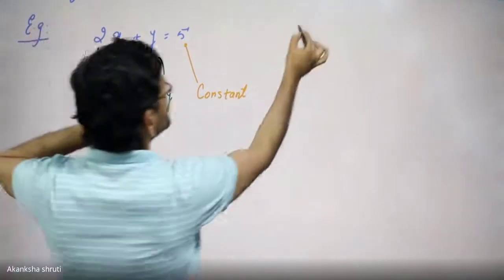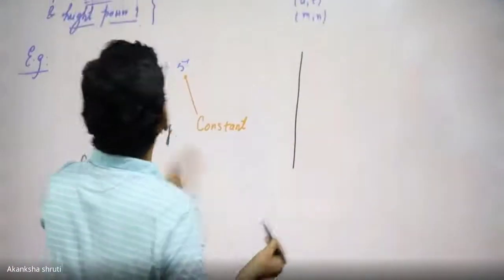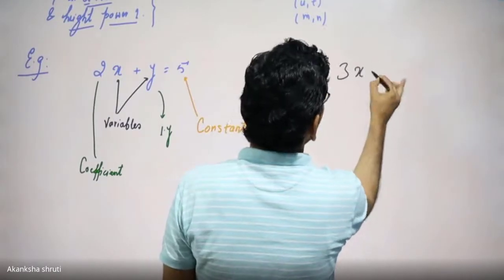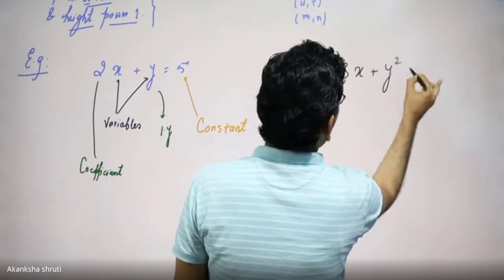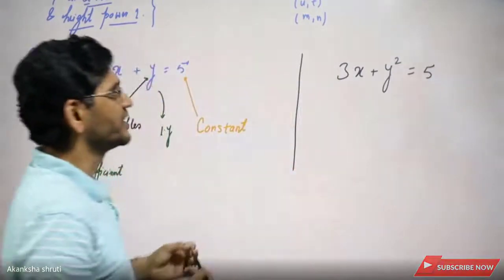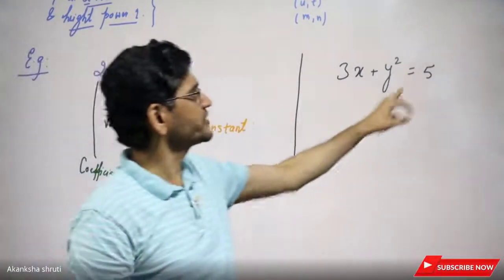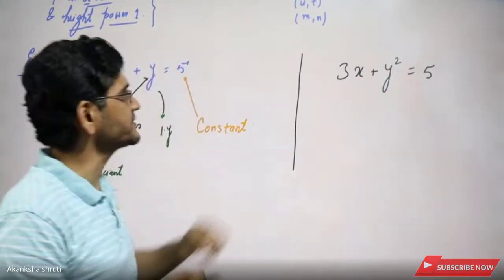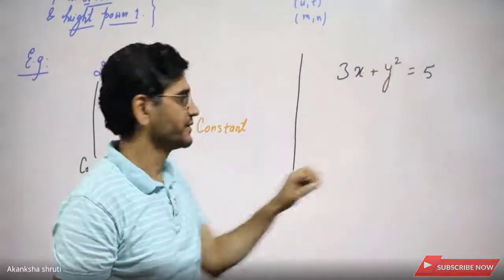Students, now let us come to the power. One may write, say, 3x plus y square is equal to 5. What makes the difference? Here also there are two variables and a constant, but the difference is in their power.